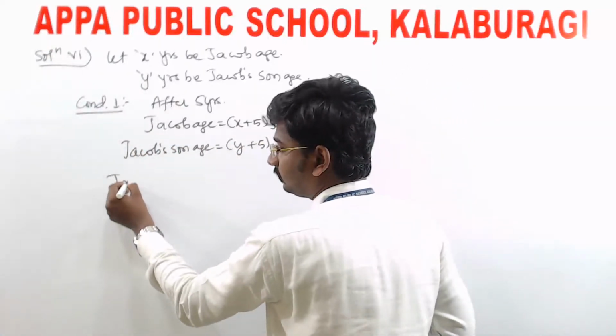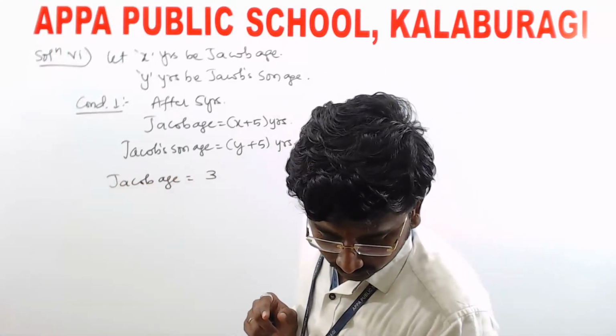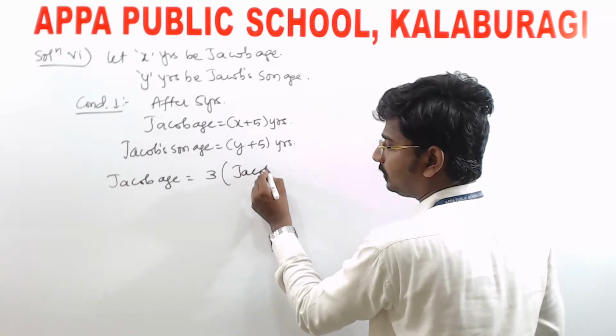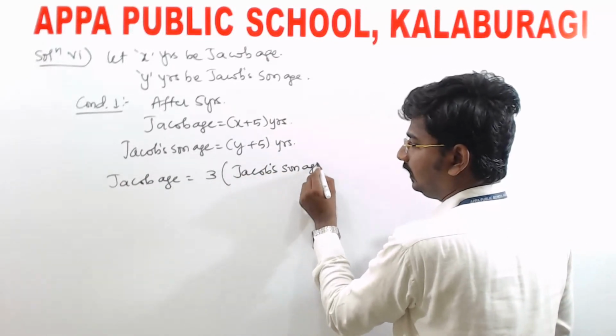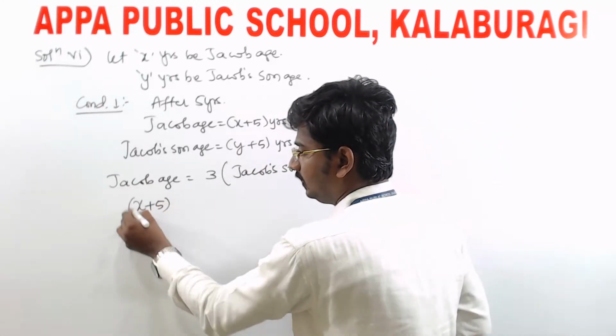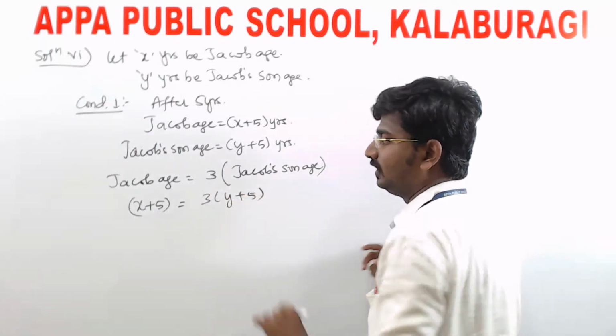Jacob's age would be 3 times. Am I right? The age of Jacob will be 3 times of his son. 3 times Jacob's son's age. Now Jacob's age x plus 5 is equal to 3 into y plus 5.